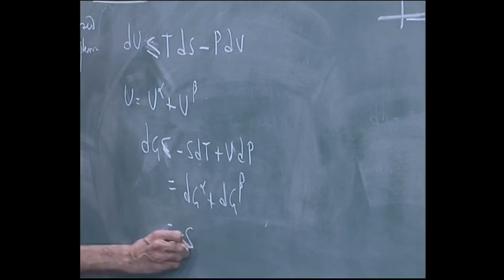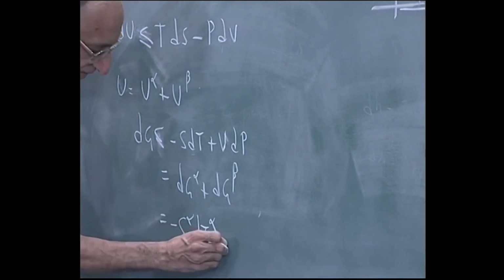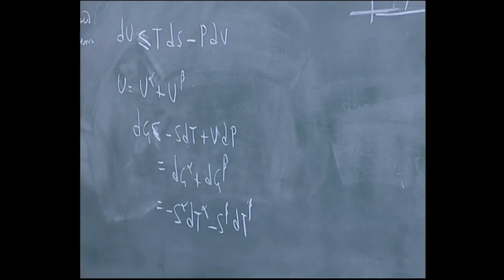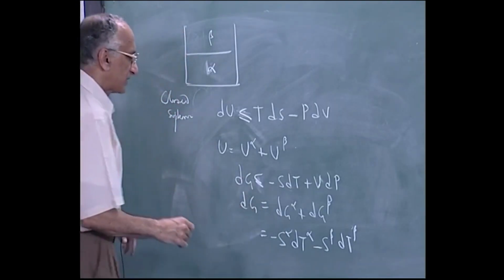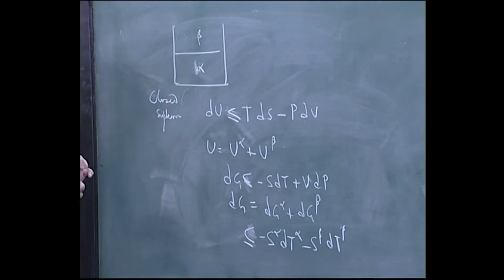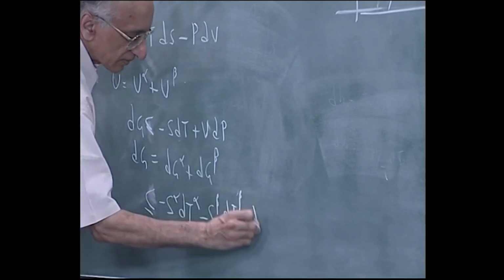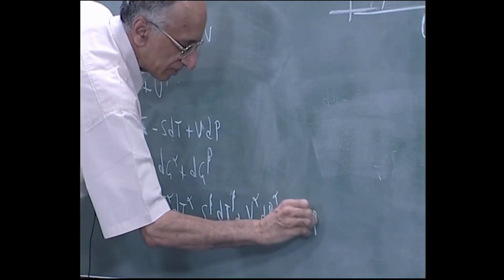So this is minus S alpha dT alpha minus S beta dT beta, plus V alpha dP alpha plus V beta dP beta.